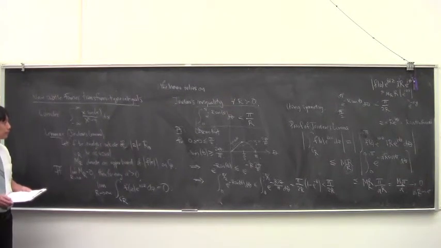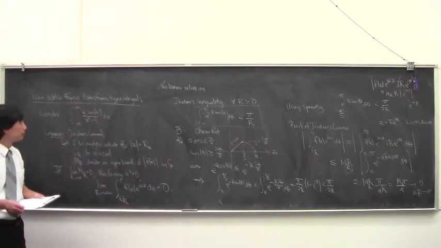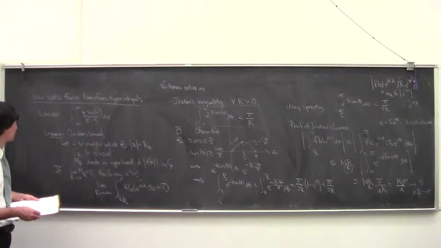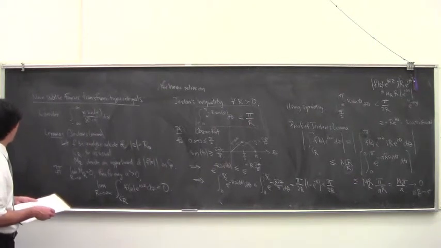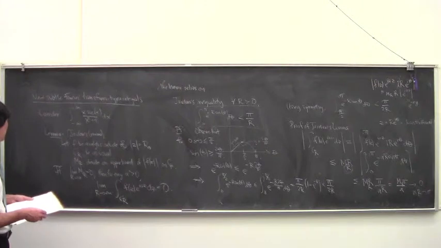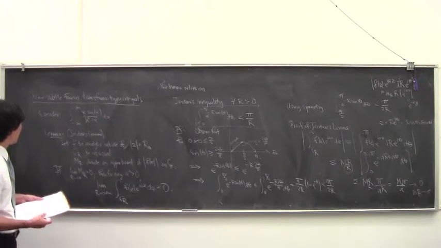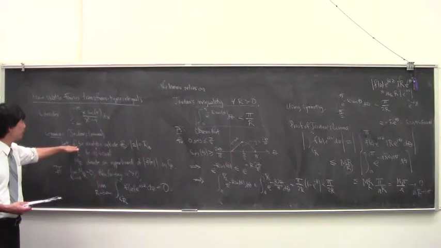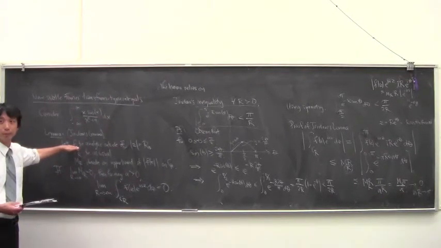When we use the fact that f is analytic outside of R naught... Say it again? The first stipulation of Jordan's lemma, you said f is analytic outside of the ball of radius R naught. What is R naught exactly? It's just that you don't want to say that the functions you're interested in are going to have some finite singularities.